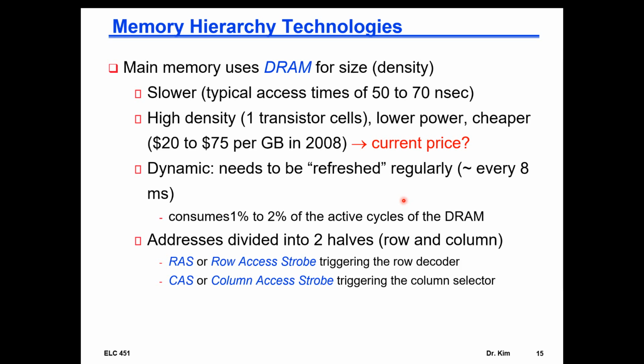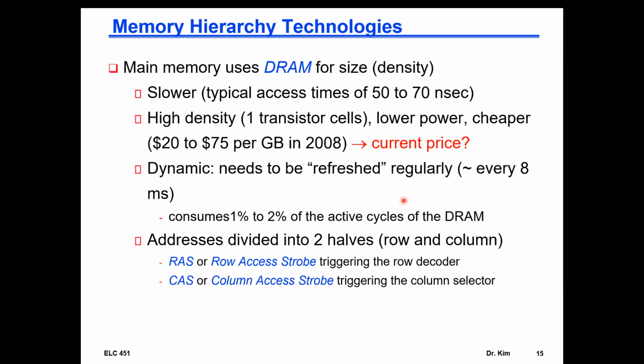Well, you figure out, given the technology and the sizes of the capacitors, how long it is going to take to degrade the charge, and you make sure that, with some safety margins, you go and refresh it regularly, well before that charge degrades.